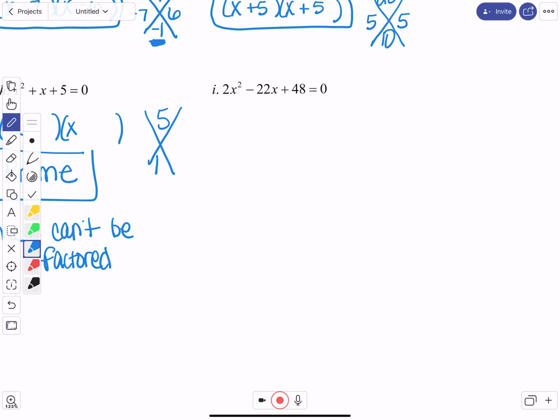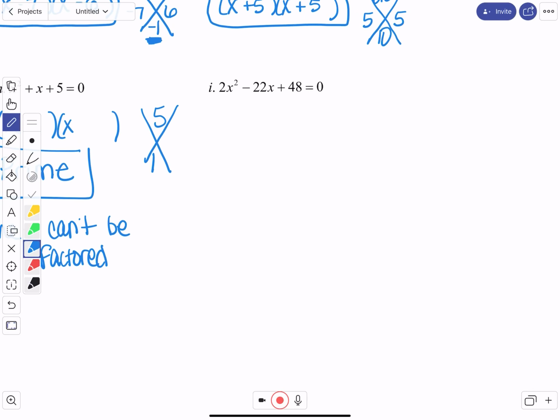Then we get to I. Now remember I told you in the very beginning you always want to look for a GCF first. Our GCF on I is 2. So if we pull out a 2, that leaves us with x squared minus 11x plus 24. And now we're going to factor this trinomial here.